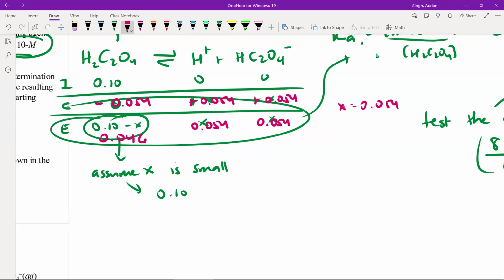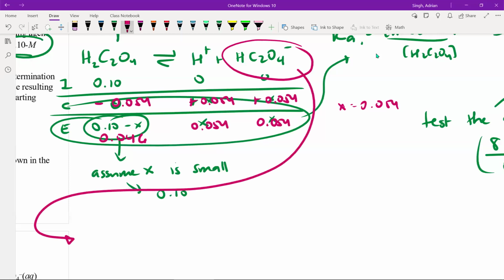So one of the products in this first ionization ends up being the starting point for the second one, right? So now we have our HC2O4 minus ionizing to give us our H plus and our C2O4 2 minus.